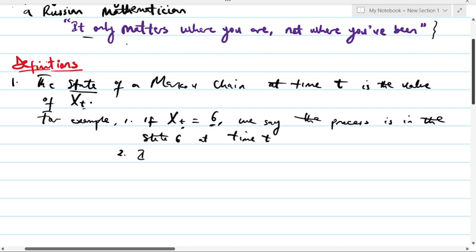So if you have x index 2 equals, maybe we are dealing with weather forecasting, raining.